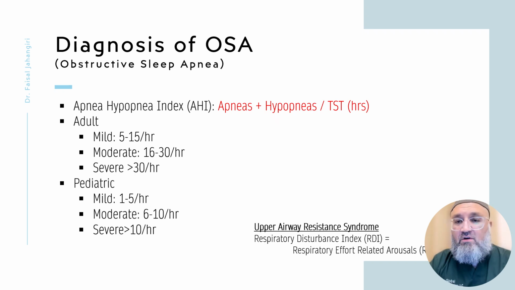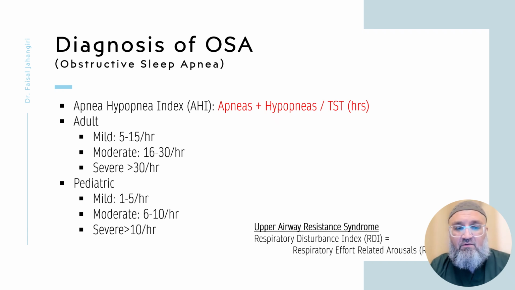So for diagnosis of obstructive sleep apnea, we have the apnea hypopnea index, or AHI: apnea plus hypopnea divided by TST, the total sleep time. So we add the apneas and hypopneas that happen during the total sleep time, and that's the index we get.